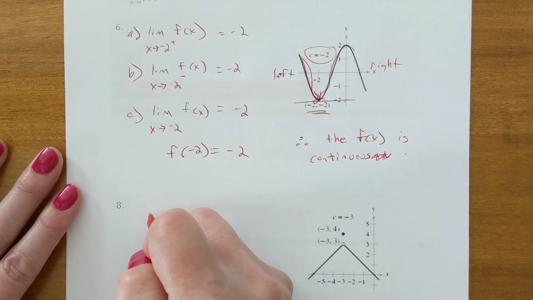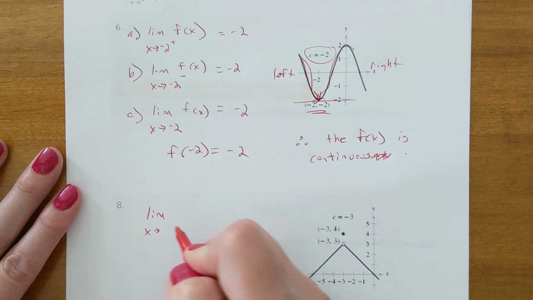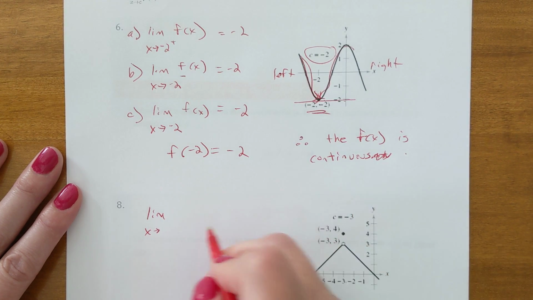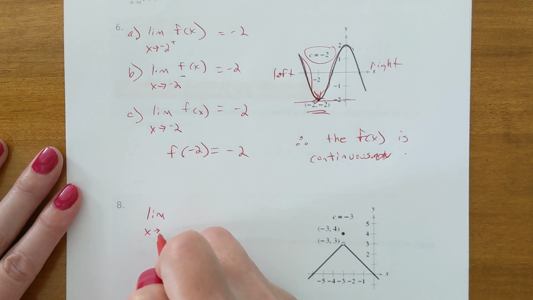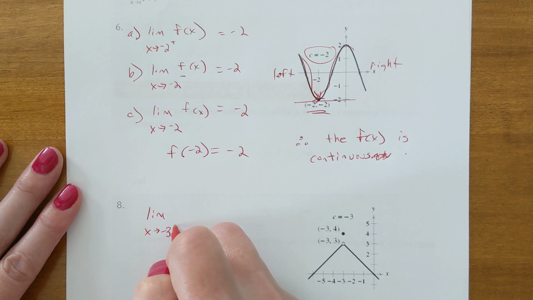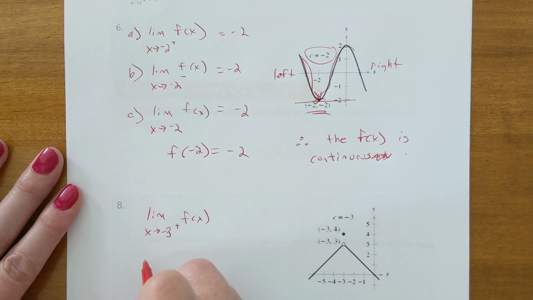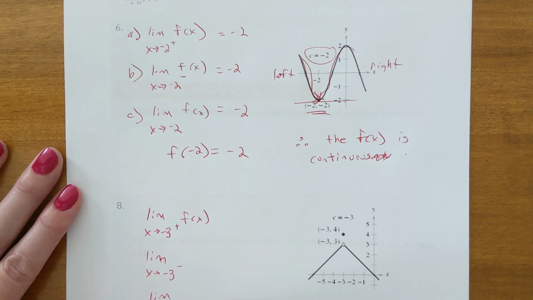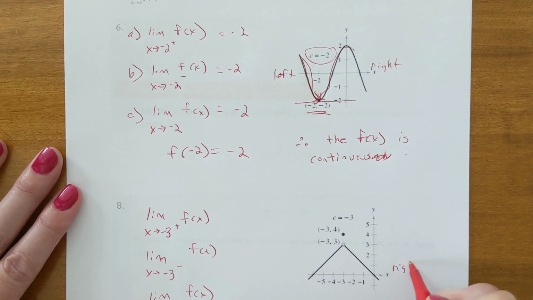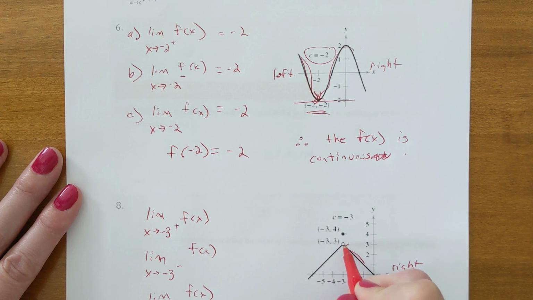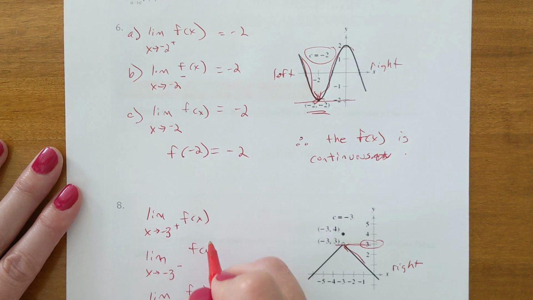They want us to find the limit again as x approaches -3, because c on this one's -3, from the right. And the limit as x approaches -3 from the left. And then what's the limit as x approaches -3? So as it approaches it from the right, it's coming close to number 3.